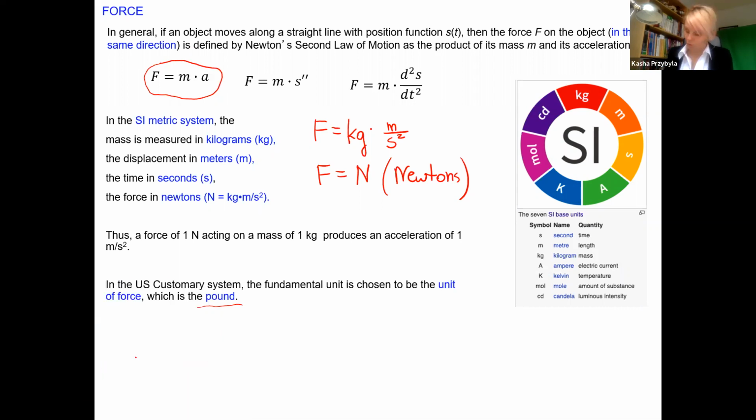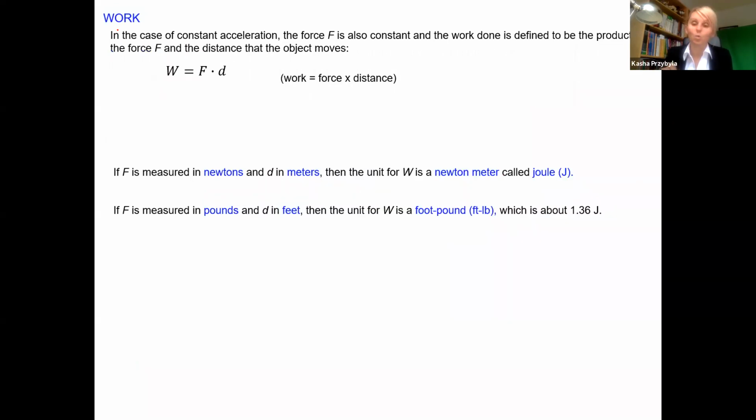And then what we actually have to focus on is work. Work is simply force times distance, and this is the definition of work. We have to find the force, and then the distance over which we apply the force. Again, force is measured in newtons and distance in meters.